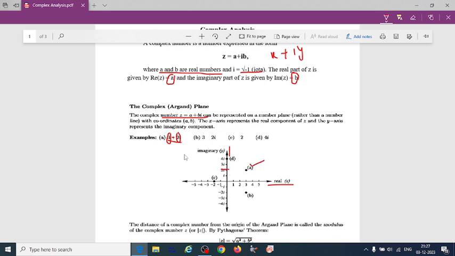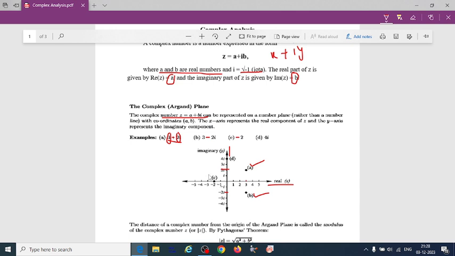This is the first example, 3 plus 2i. And then 3 minus 2i, how can we represent it? 3 is on the positive x-axis and minus 2i is here. So this is the example for b. Minus 2, if we take, how can we represent it here? This is the negative x-axis.